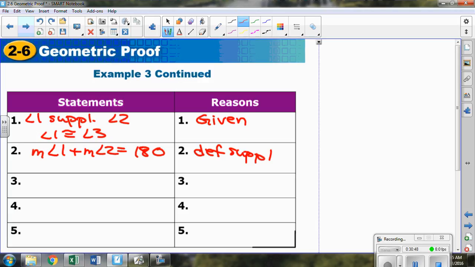We were also given that they are congruent. Angle 1 and angle 3 are congruent. We can use the definition of congruent angles. What does the definition of congruent angles tell us? It tells us those have to be equal. So now what?